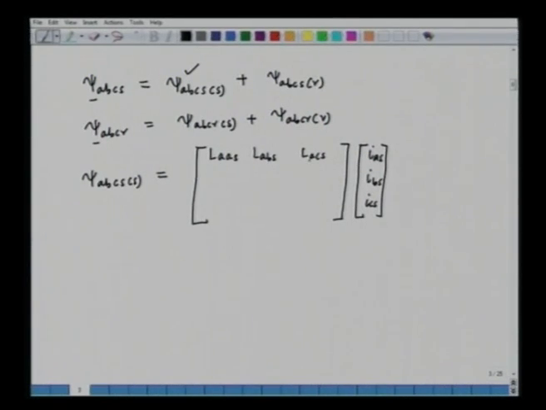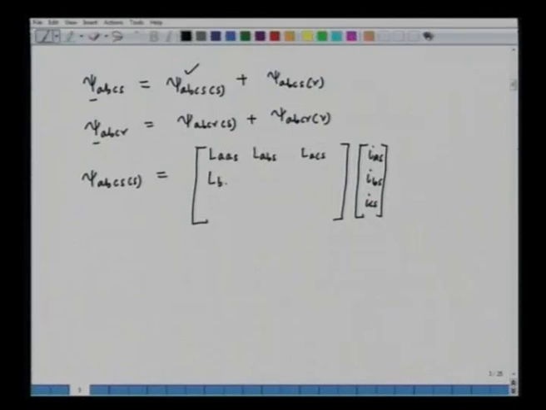Inductance of stator phase A with respect to stator phase C is LACS. Similarly, we can have LBAS, LBBS and LBCS, and also LCAS, LCBS and LCCS. So we can call this matrix LSS.